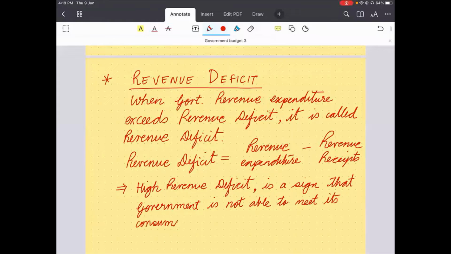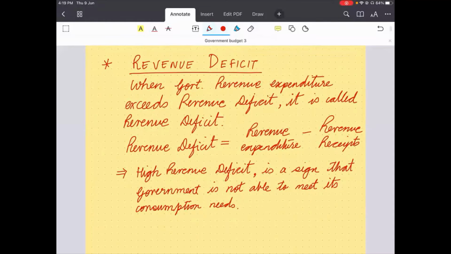Like government officers, government staff, interest payments, all these things are a part of the revenue budget. So in its sense, government is using them as their service. Okay, so government is not able to meet their consumption needs in a better manner.